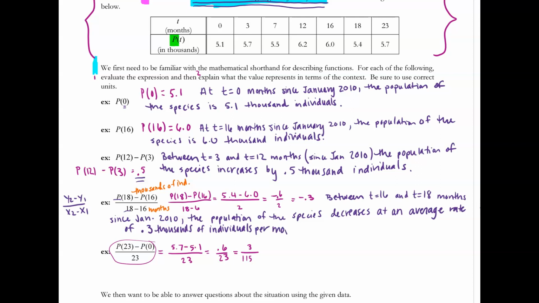And if you just think of any other rates you can think of, they're always something per something for the units. So for example, your heart rate is measured in beats per minute.